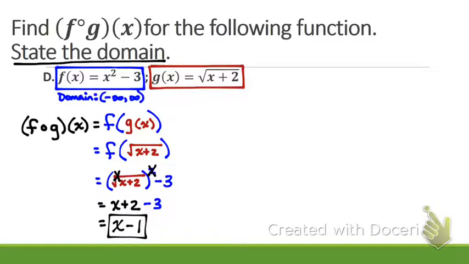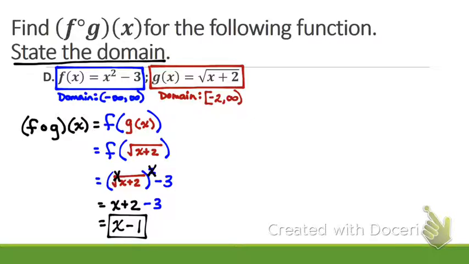What about for my function g of x? Not all real numbers, because what can I not have underneath the radical? I can't have negatives, so -2 and bigger would be okay. Do I include -2 or not? Bracket or parenthesis? Bracket. From -2 to infinity.